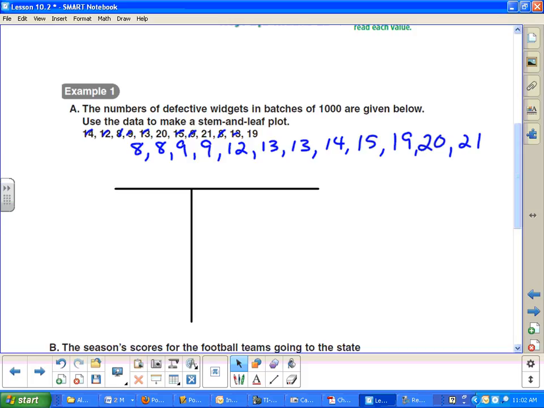Okay. So what do I do now then to make my stem and leaf plot? What do I do? Wolverine, do you know? Okay.